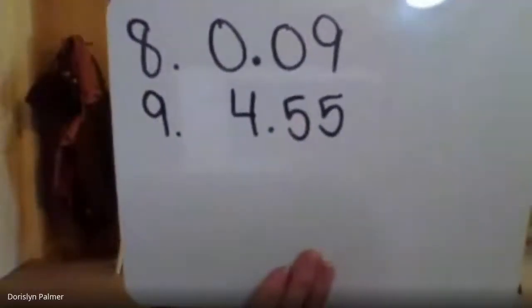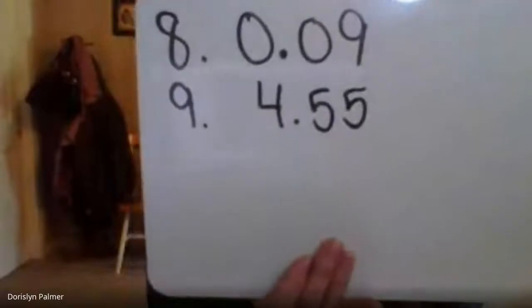Okay. Number 9, Connor. 4.55. That's it. Number 10, Brooklyn.